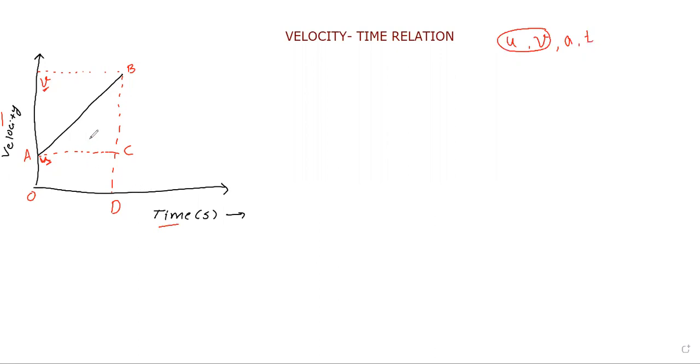From this graph, we can derive the velocity-time relation. From a velocity-time graph, how can we calculate acceleration? That concept we studied in the previous class.